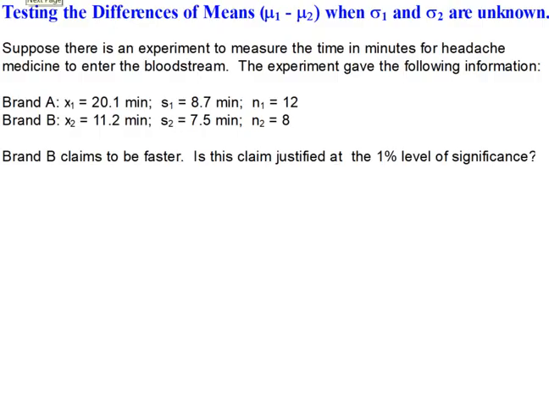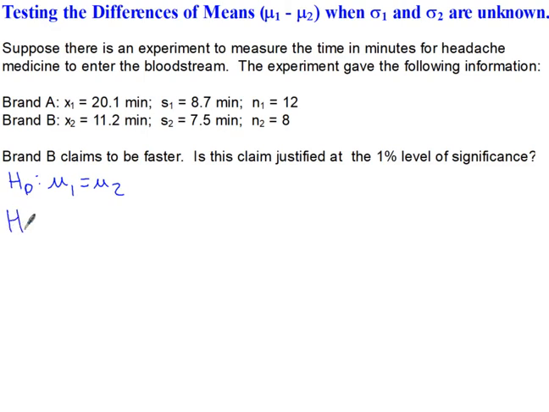So now it says, suppose that you do an experiment, the time in minutes for a headache medicine to enter the bloodstream. The sample information is below, brand A versus brand B. Test the fact that B is faster. So we're going to say that the null hypothesis would be that their speeds are the same.